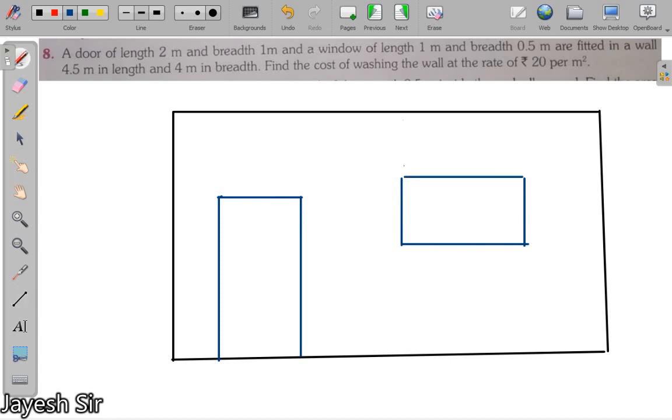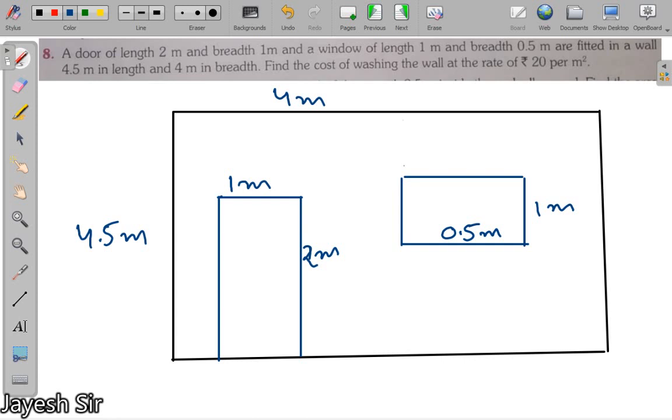Now for the door, its length is 2 meter and breadth is 1 meter, and for the window its breadth is 0.5 meters and length is 1 meter. Now this wall is 4.5 meter in length and 4 meters in breadth.